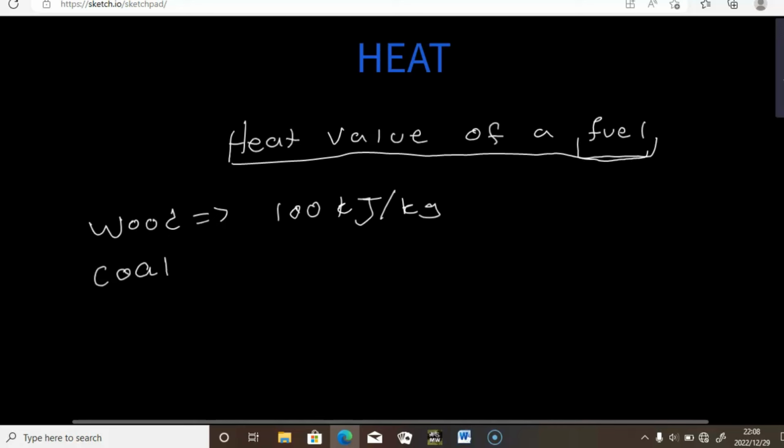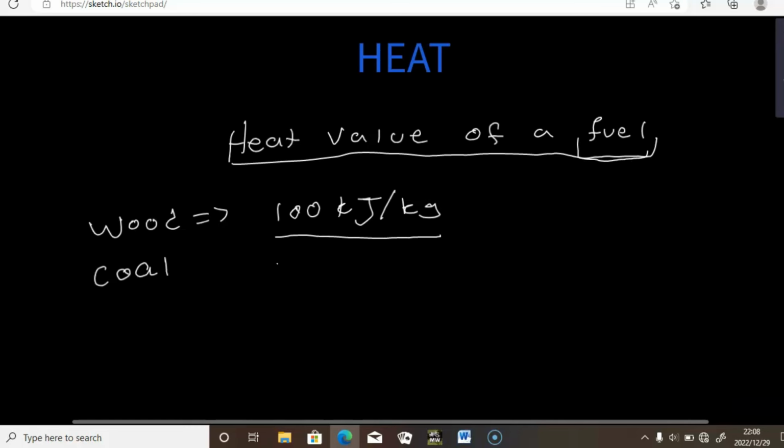then that heat value, or calorific value as they sometimes call it. Sometimes you might find them saying calorific value or heat value. So the heat value of that fuel will be 100 kilojoules per kg, which tells us that if we were to burn completely this piece of wood, we are expected to receive 100 kilojoules of energy.